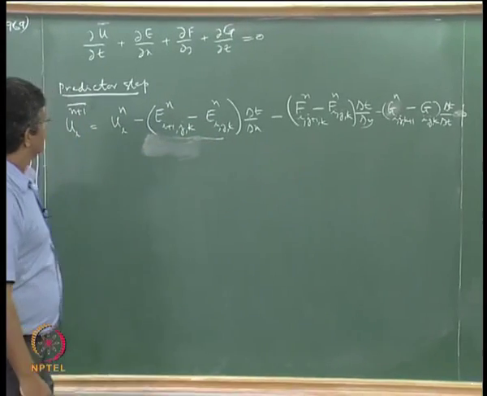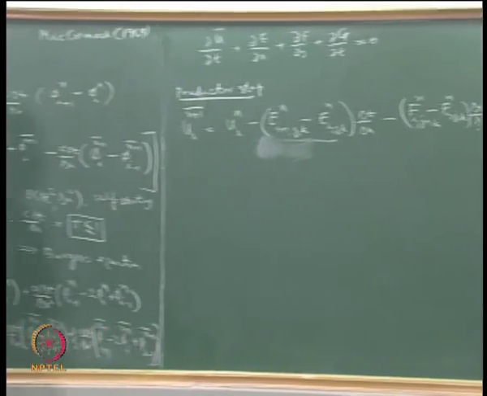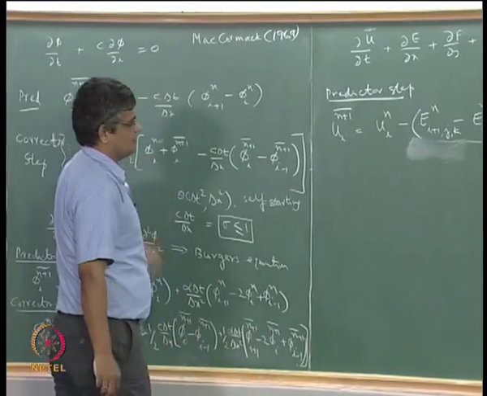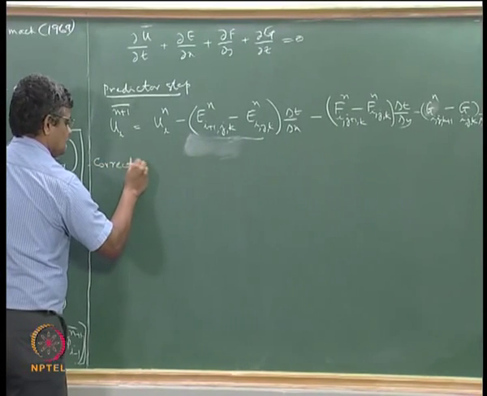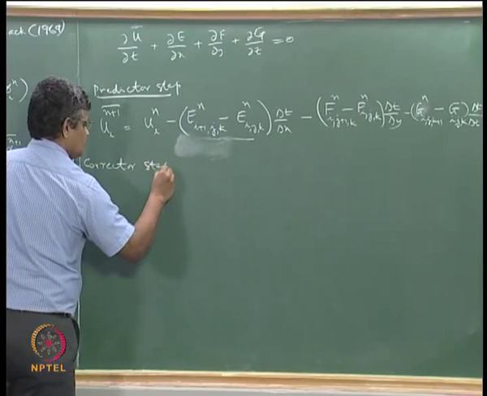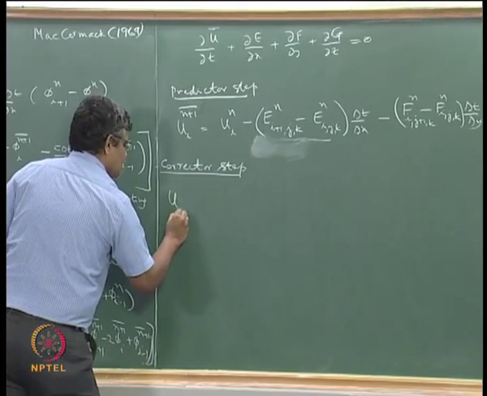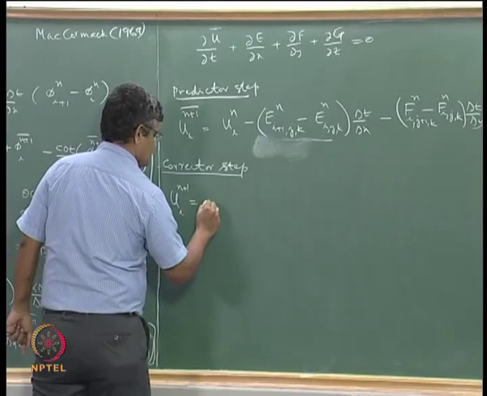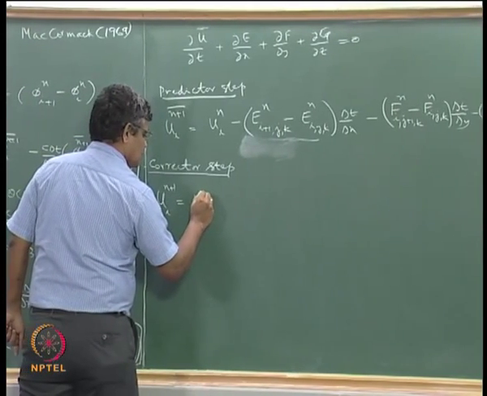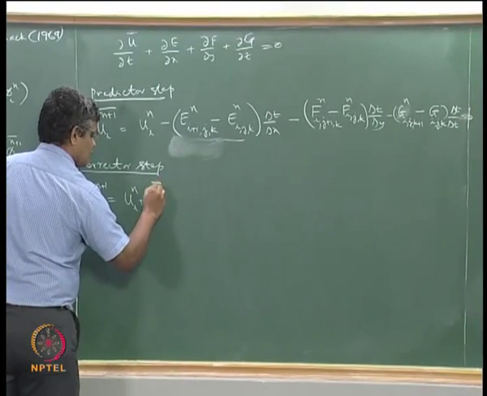We have, so this is the predictor step, which looks like a straightforward application of this method. Now we come to the corrector step. And here now we have Ui n plus 1 is equal to Ui n plus Ui n plus 1 bar by 2.